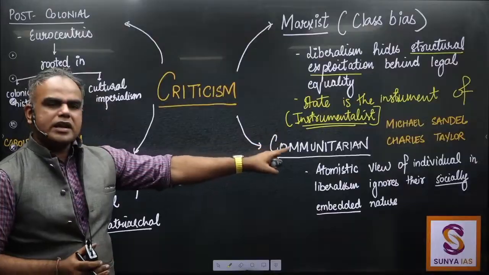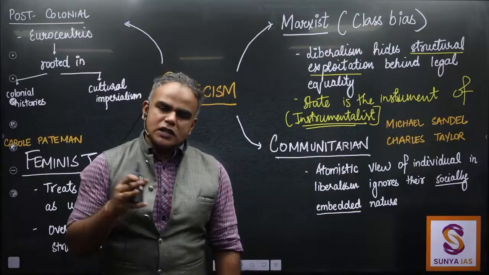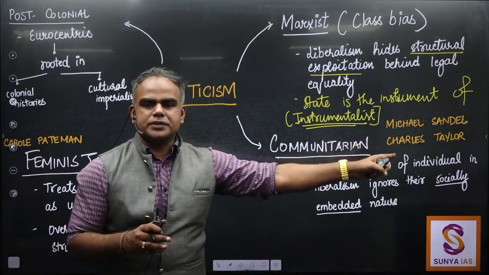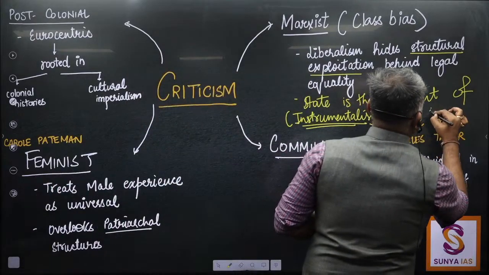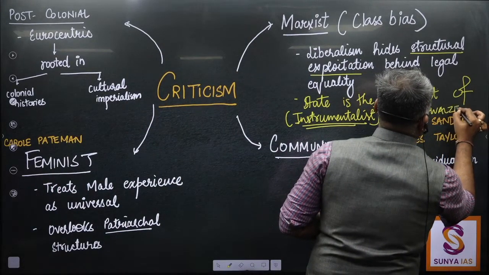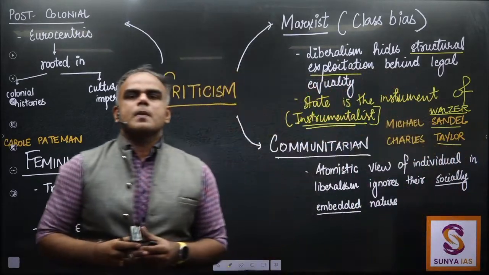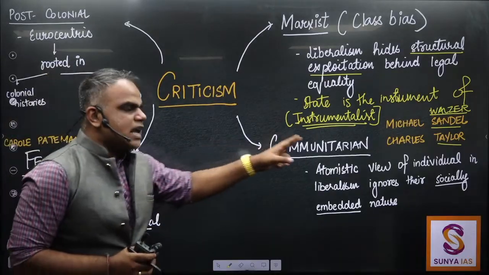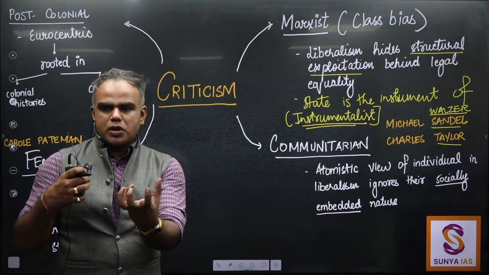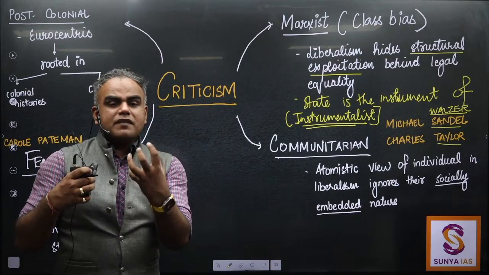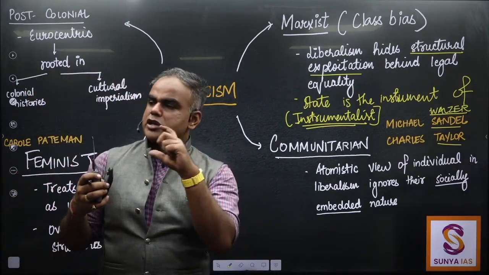Here I will expand on this. You have communitarians like Michael Sandel, Michael Walzer, and Charles Taylor. These are three prominent people. When we do justice, we'll see their theories in more detail. What they are saying is simple. Liberalism says the individual is the most important. It gives an atomistic view, in which the individual is almost secluded and has no important social function.